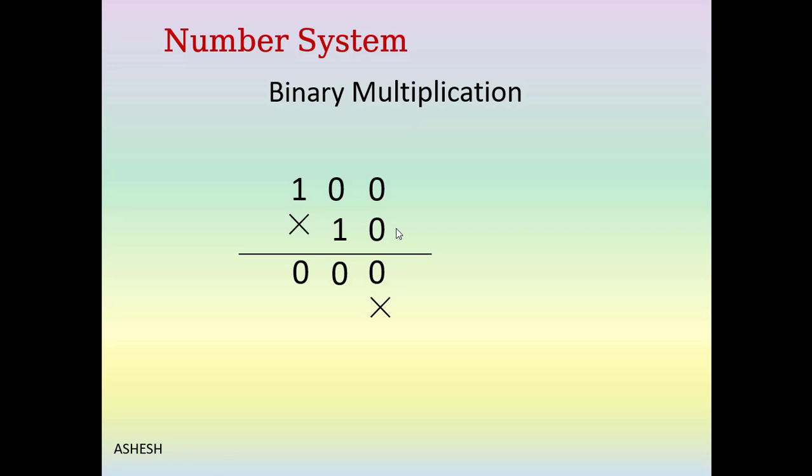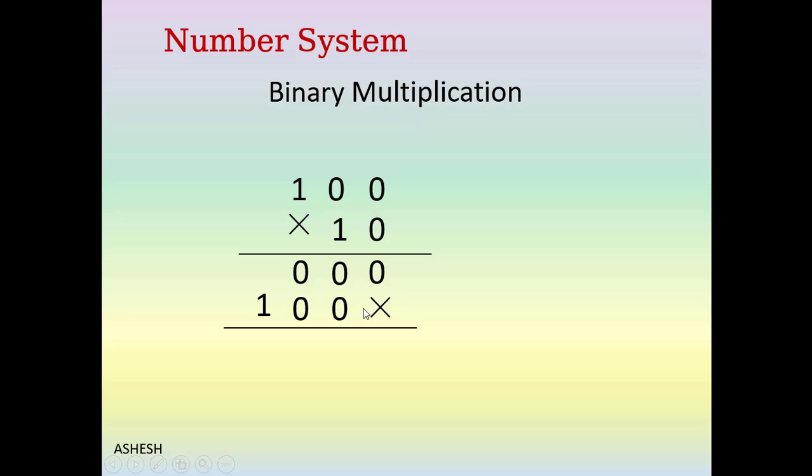Now again, 0 multiplied by 1 is 0. 0 multiplied by 1 is 0. 1 multiplied by 1 is 1. Okay, now we have to add these numbers.